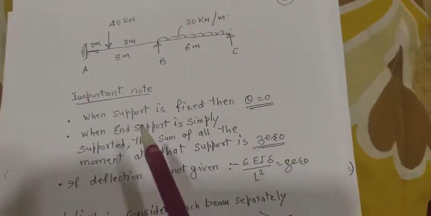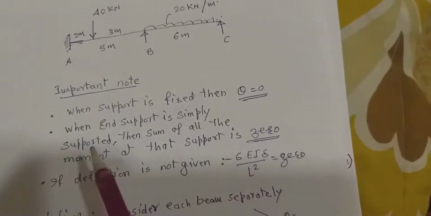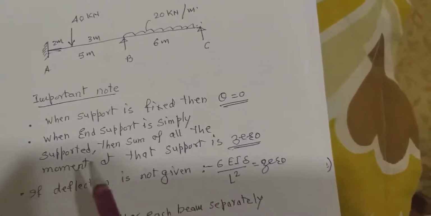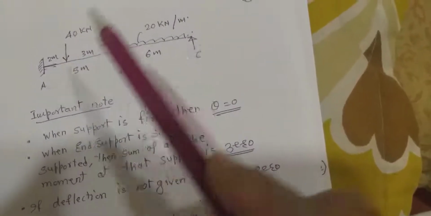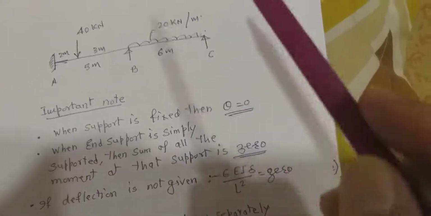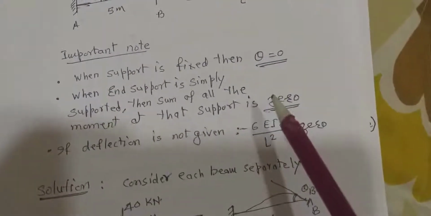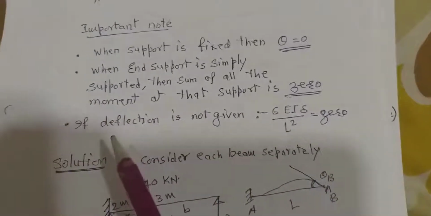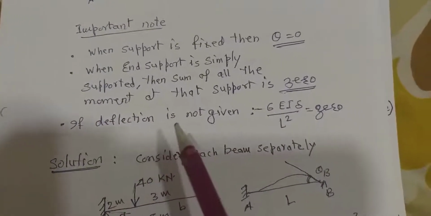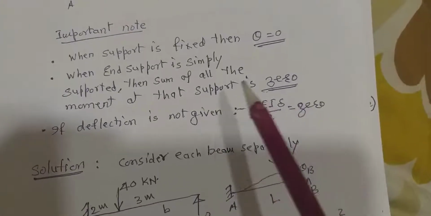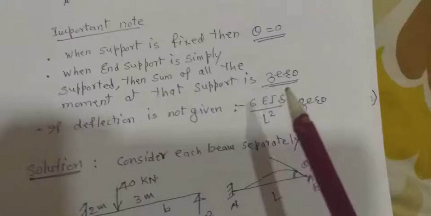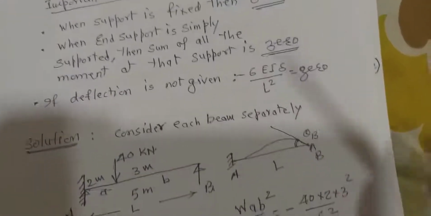When the end support is simply supported, then the sum of all the moments at that support is 0, just like in the case of support C. Whatever types of moments are acting, the total sum comes out to be 0. Similarly, unless given, if the deflection is not given, it means no deflection is there, so this minus 6 EI delta upon L square turns out to be 0. We need not consider the moment because of the deflection.